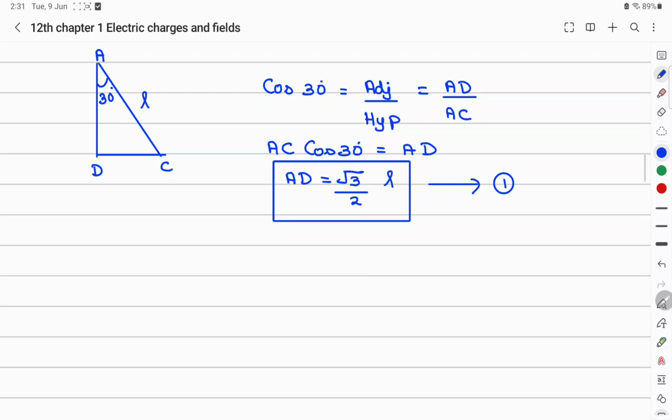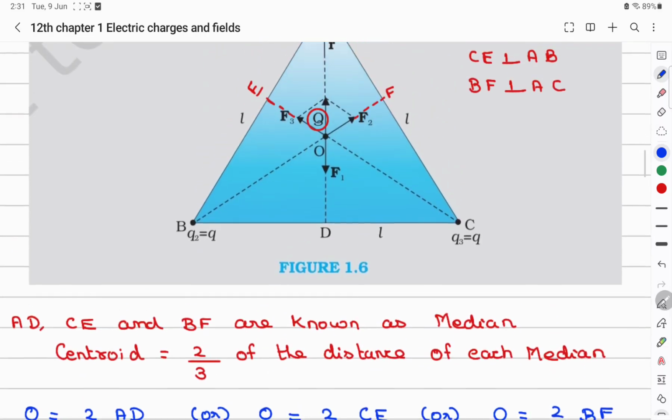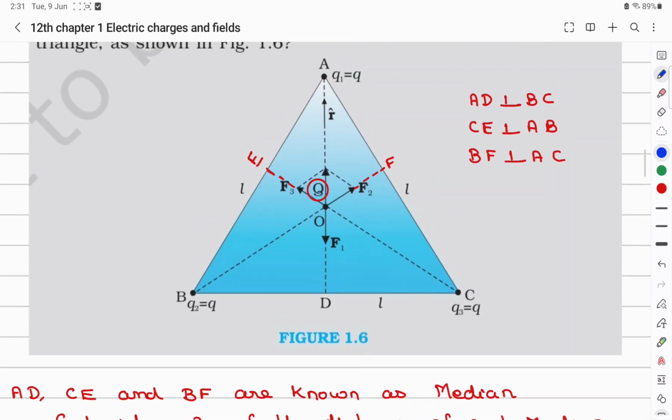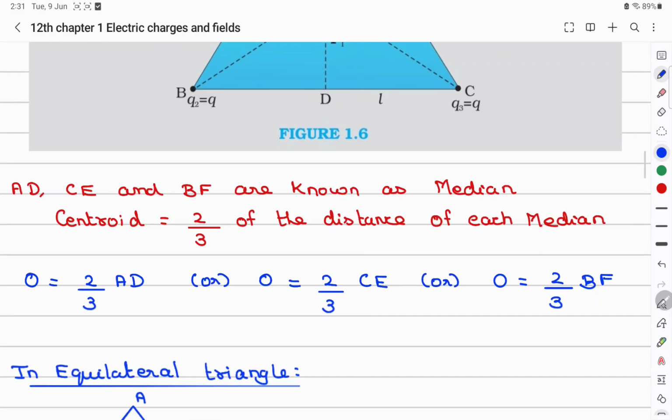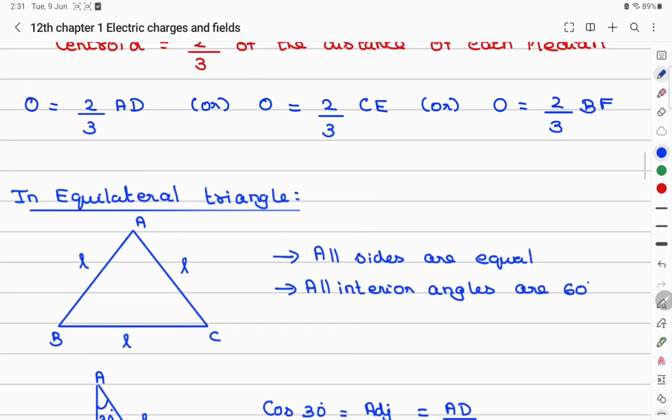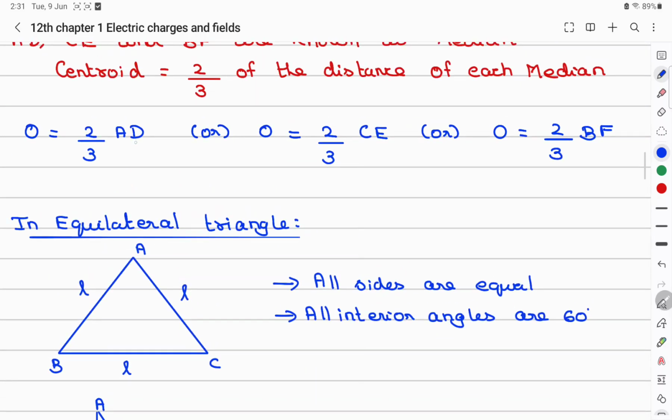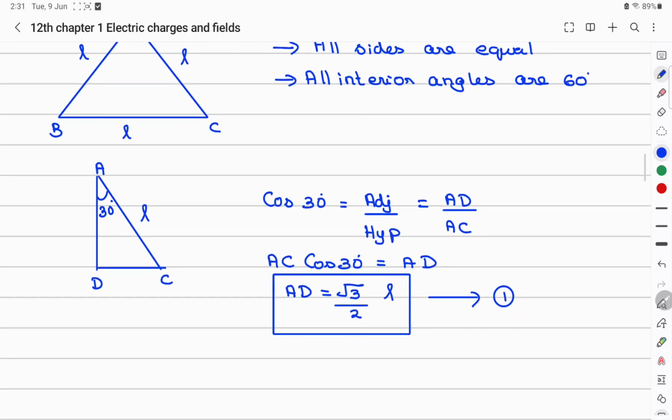So the distance from A to the center point O: AO is equal to 2 by 3 of AD. Substitute the value of AD here.